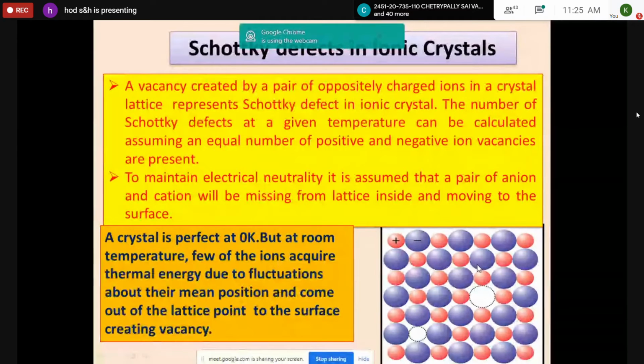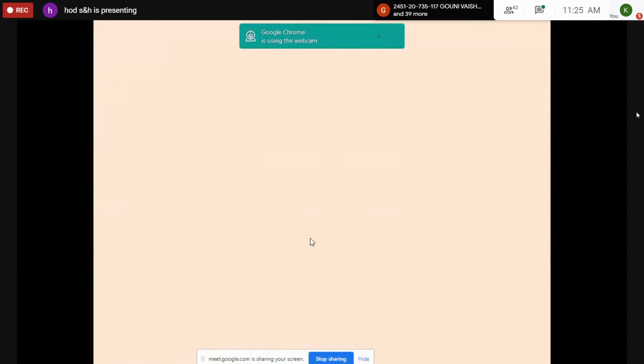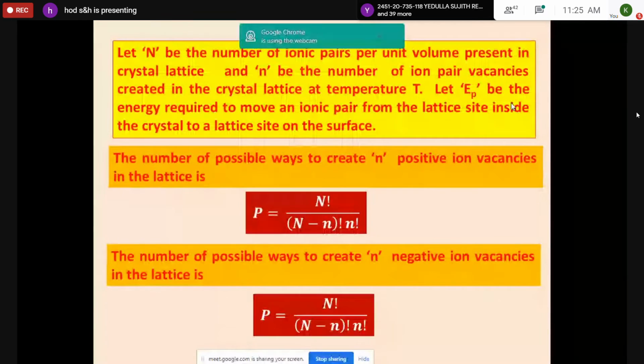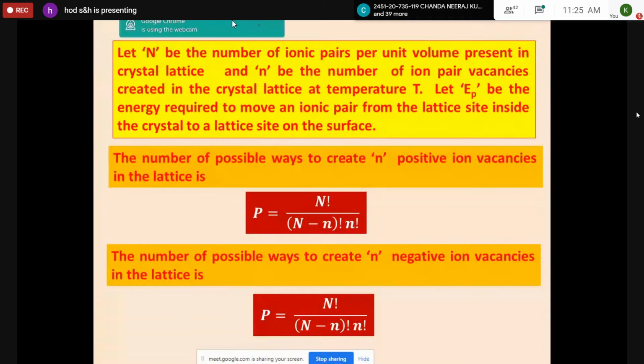Now we have to calculate the equilibrium concentration of Schottky defects. For that, I am proceeding. Let capital N be the total number of ionic pairs present per unit volume in the given crystal lattice.